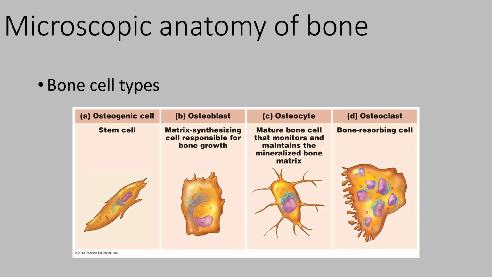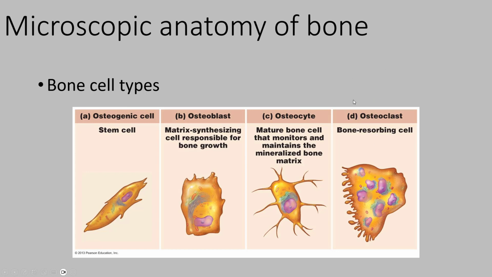So osteoblasts are the cells that build bone. They secrete stuff that becomes what we think of as bone. We say they are matrix synthesizing cells. So they are converting non-bony matrix to bony matrix. We'll look at that more in depth in a little bit. But these cells are creating bone.